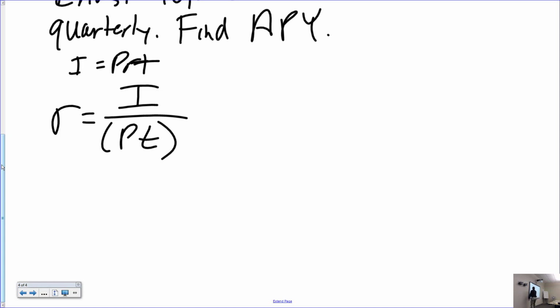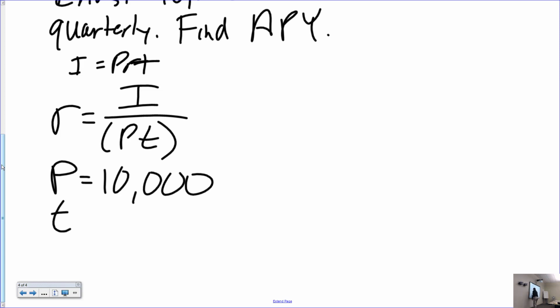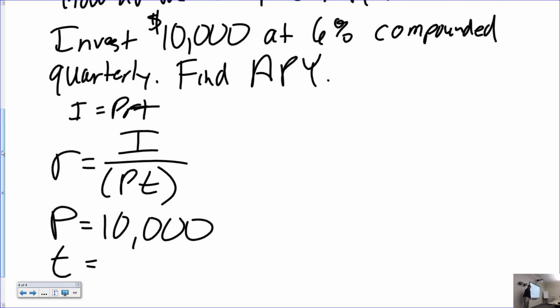Let's start with the easiest one. What's the principal? 10,000. Okay, good. Now, here's the one that's slightly tricky, but you should be able to get it eventually. What's the time? This is of the simple interest, not the compound interest.